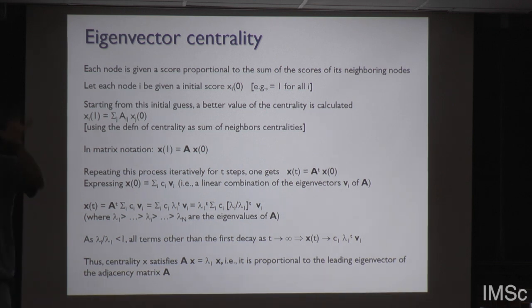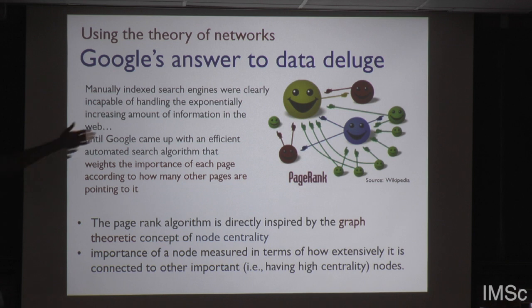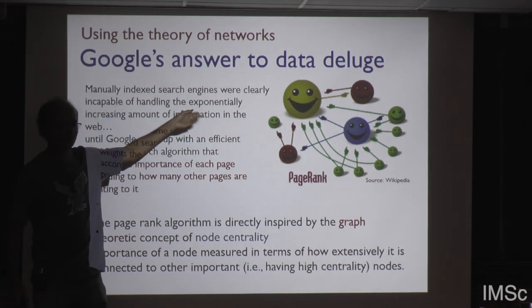So if I'm connected to lots of high degree nodes, I tend to increase my importance, as opposed to if I'm connected to extremely low degree nodes. So it's not just my own degree, it's also my neighbors' degree which contributes to this. Which is in fact intuitively what the PageRank algorithm effectively does.